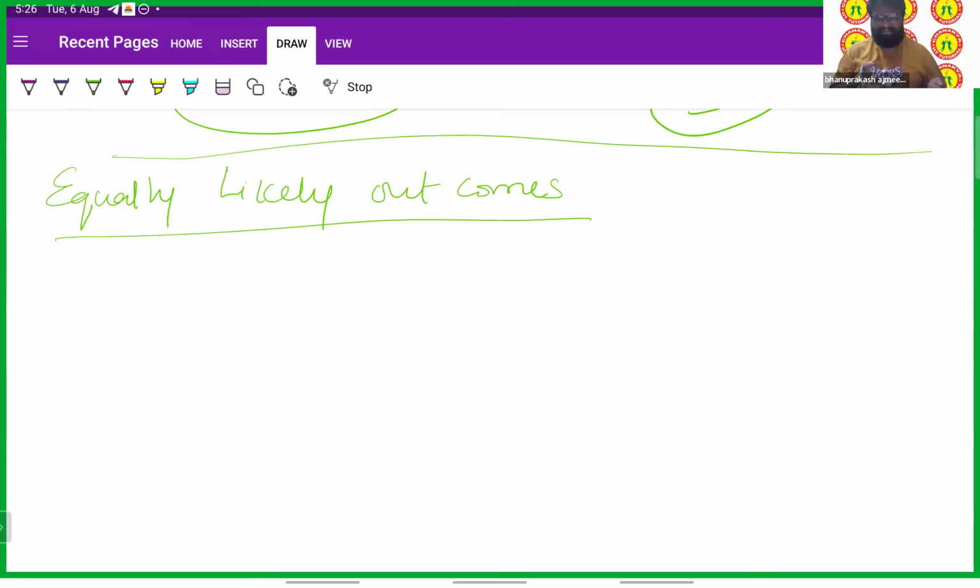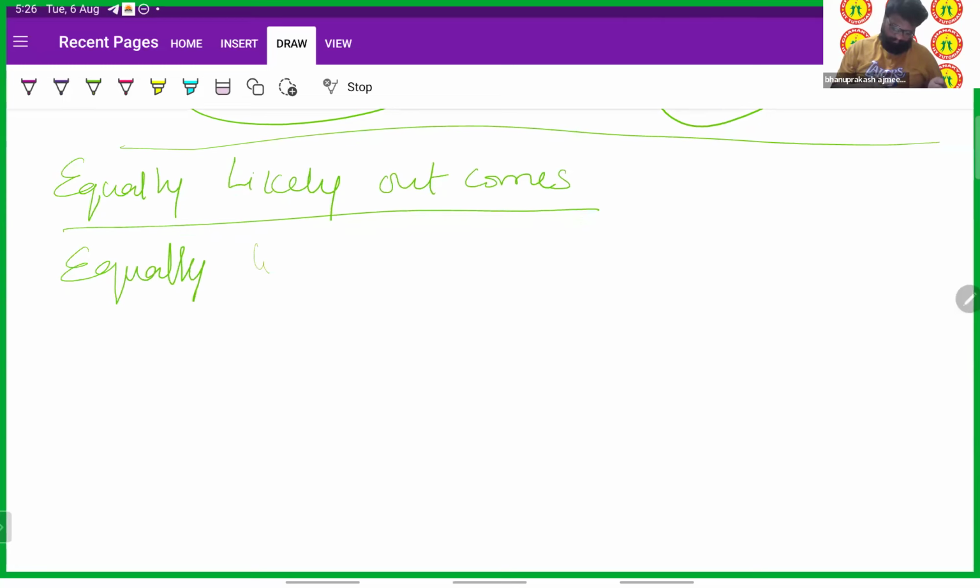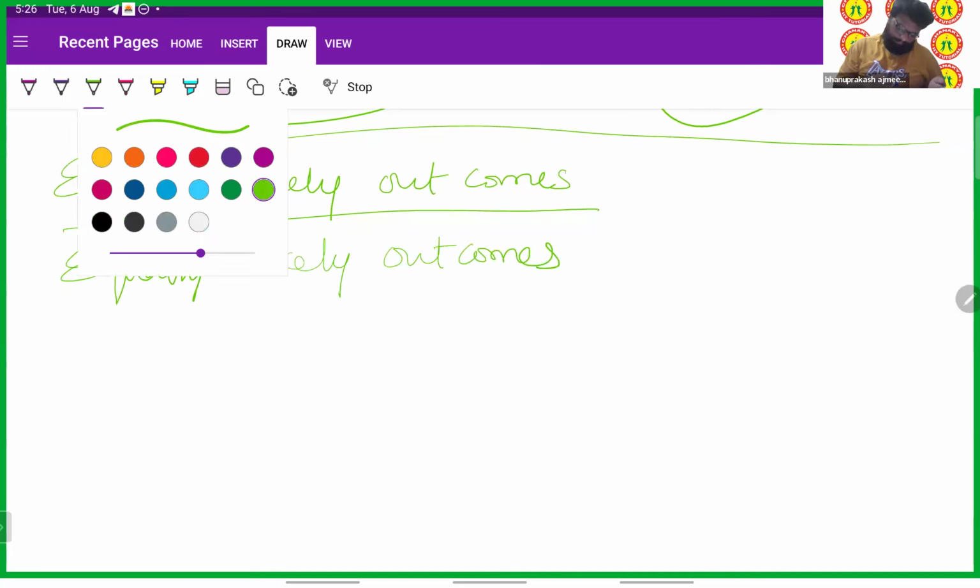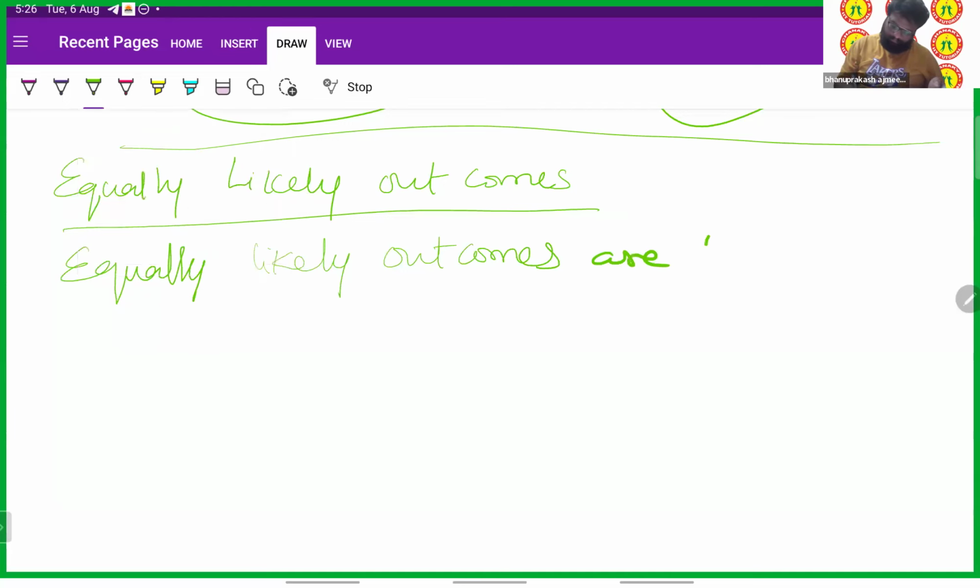I'm explaining you, no? Don't be in a hurry. First write down the definition. Equally likely outcomes are those which have the same chance of occurring.